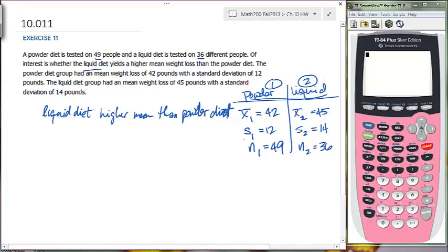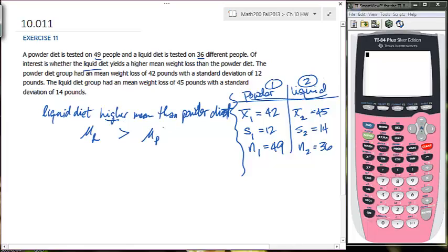So we're comparing means is what we're doing here. So in comparing the means, we can have the mean for the liquid diet, let's call it L, is higher than the mean for the powder diet. Now we have a little issue here in that the powder was labeled as 1 and liquid was labeled as 2.